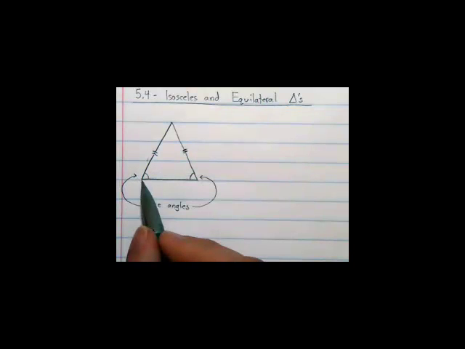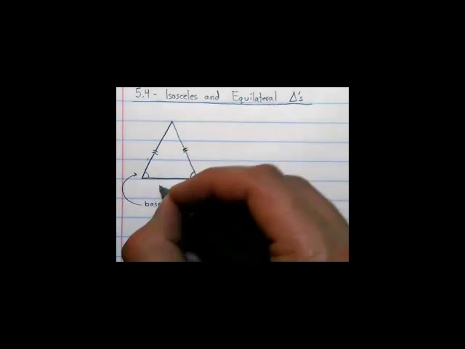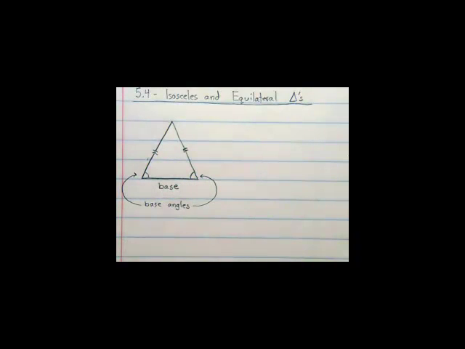And what do you suppose this side of the triangle between the base angles is called? Just the base. Could call it a base segment, I suppose, but just refer to it as the base, and that's fine.